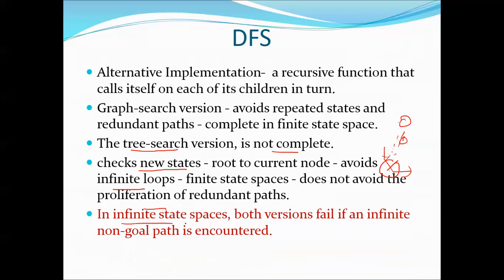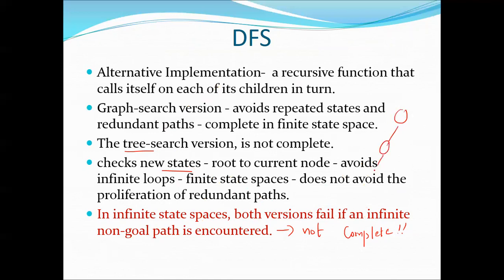In infinite state space, both versions fail if an infinite goal path is encountered. So in infinite state space, both the tree search algorithm and the graph search algorithm will fail to find a solution. That is, they are not complete, because they may encounter a non-goal path of infinite length.